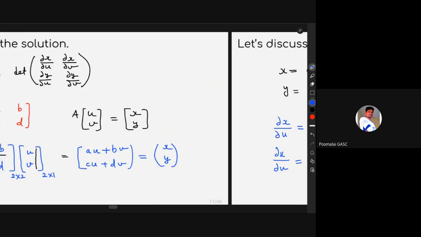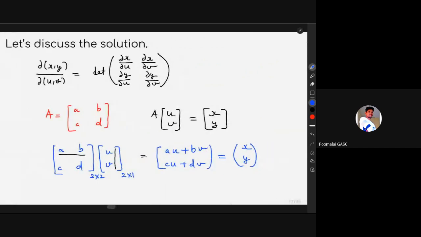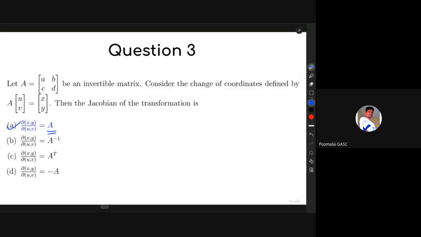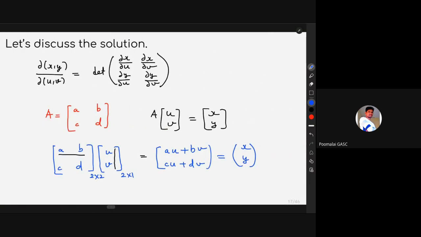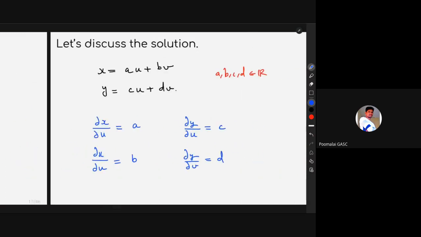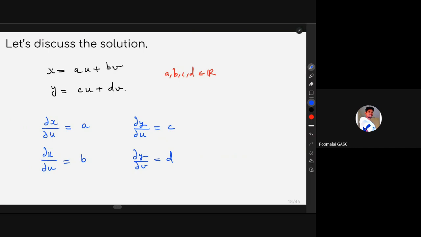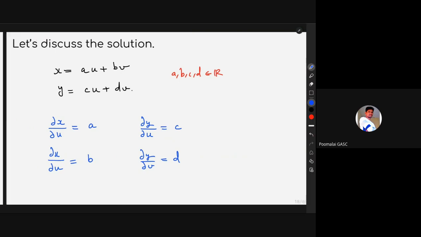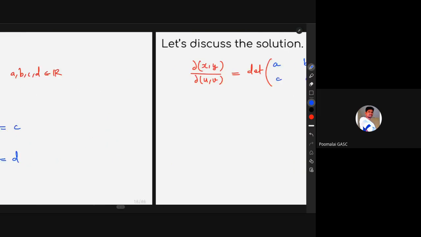Okay, so is this question clear? Sir, in this question, they mentioned A is an invertible matrix. Suppose it is not an invertible matrix, then what will happen? We don't actually need that assumption, because whatever explicit description we are getting of xy in terms of uv, till this point in this solution we haven't used invertibility.